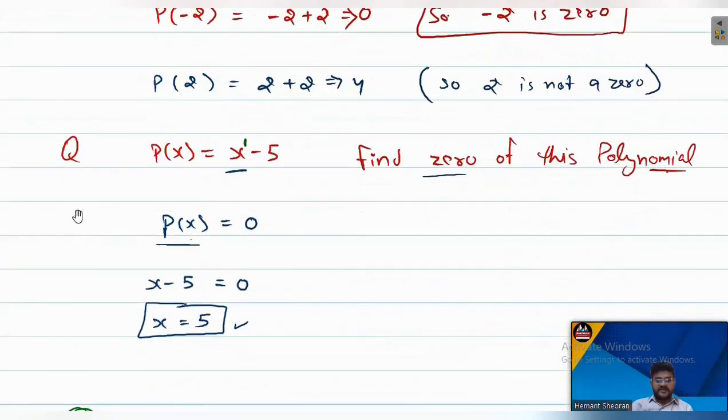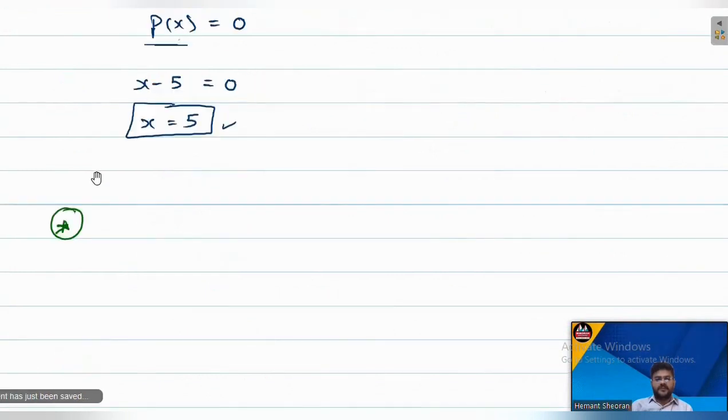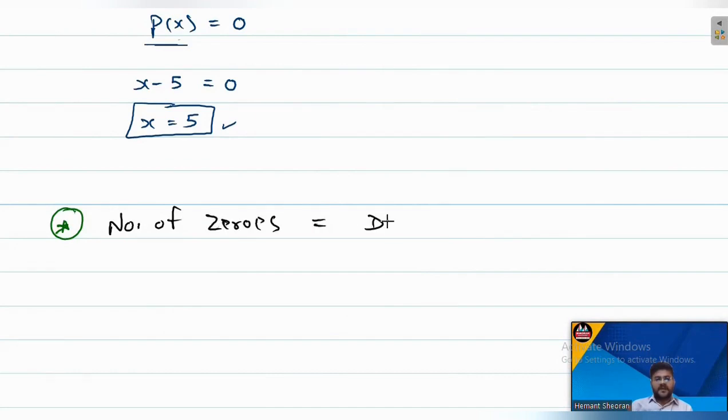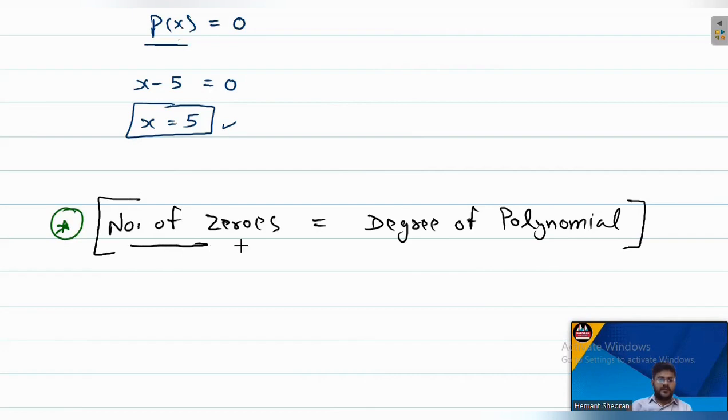So we can make a note now. The number of zeros is equal to the degree of the polynomial. If you have a linear polynomial, then only one zero is possible. If it is a quadratic one, there will be two.